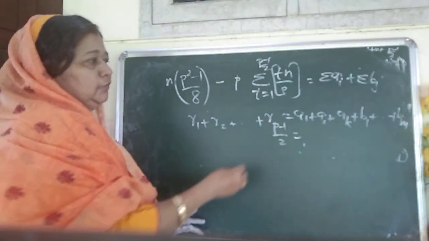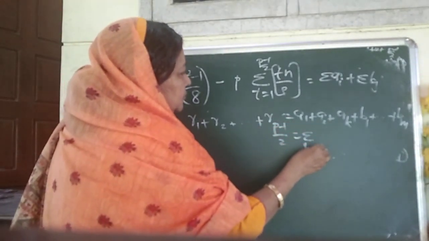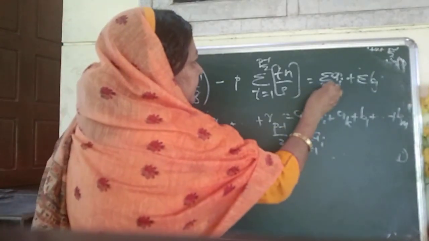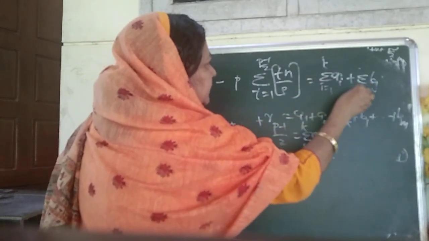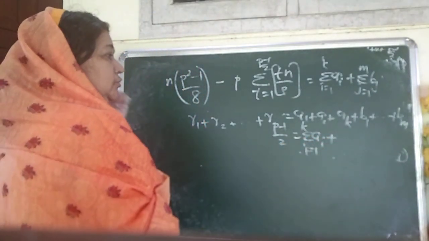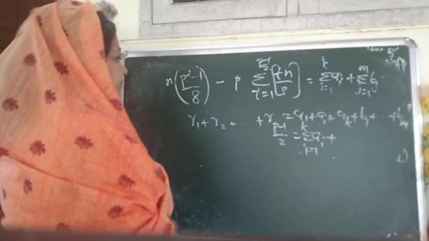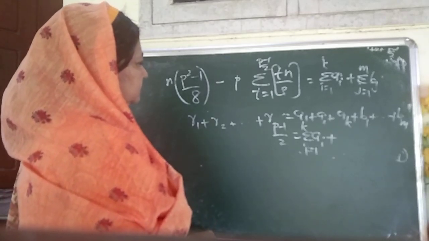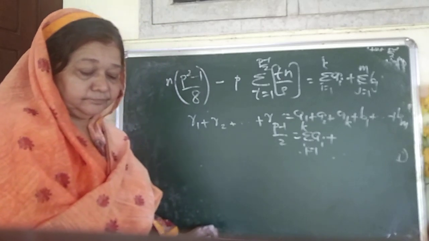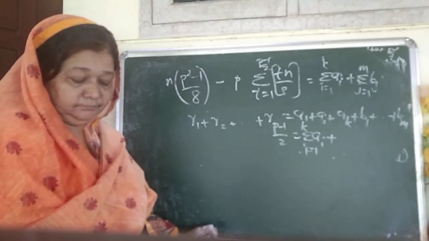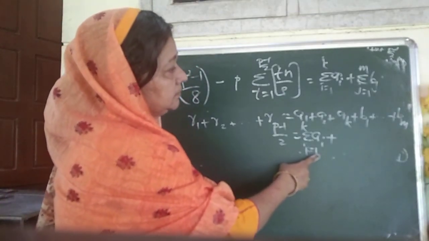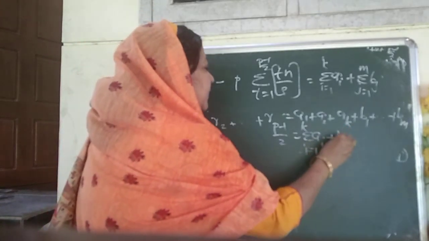That is equal to sigma k equal to 1 to n, i equal to 1 to k, a_i plus b1 plus b2 plus etc. plus bm, that is, b1 equal to p minus c1.